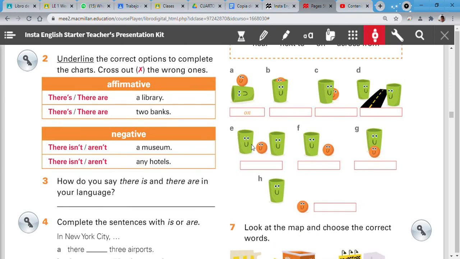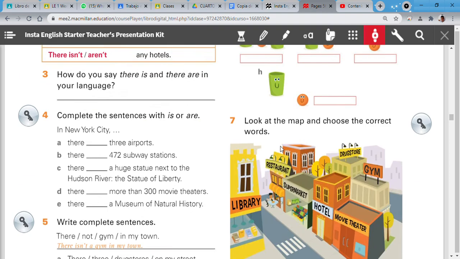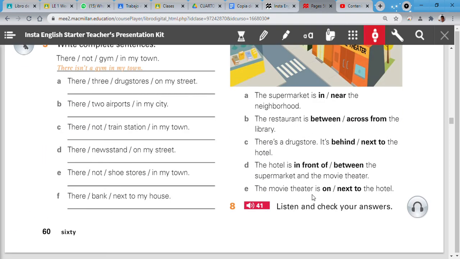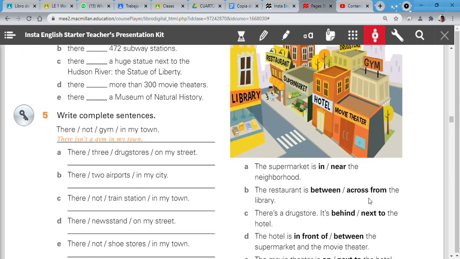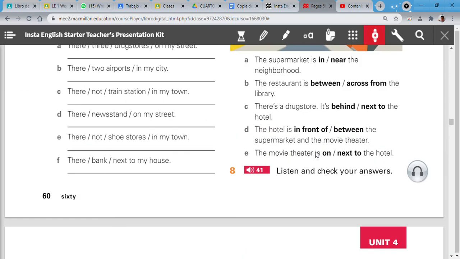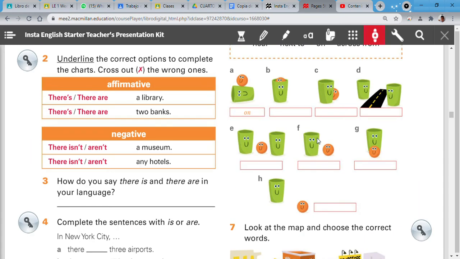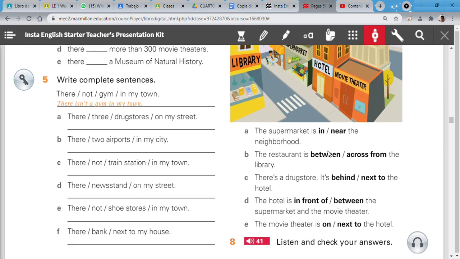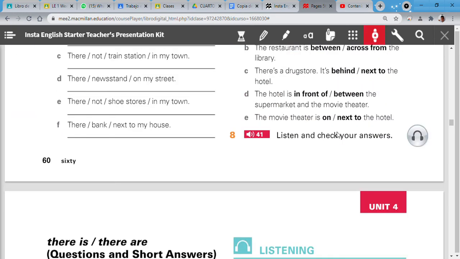This is between. Next, the movie theater is on or the movie theater is next to the hotel. Okay, next to. And the other was on. No, it's not on top. On. Next to the hotel.